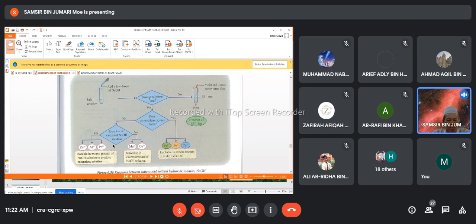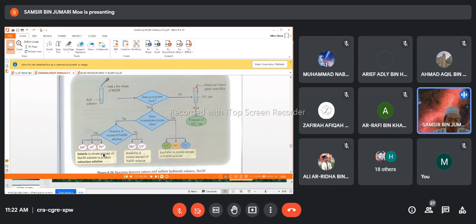Another one is a white precipitate but dissolves in excess sodium hydroxide solution. Okay, zinc ion, aluminium ion, and lead(II) ion.